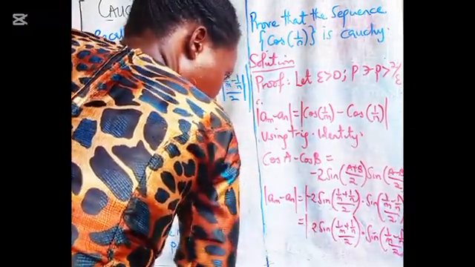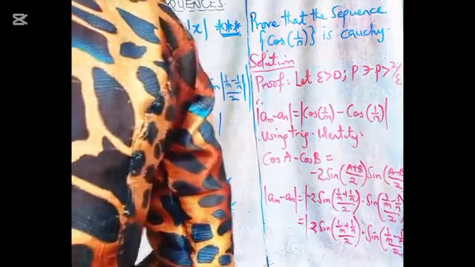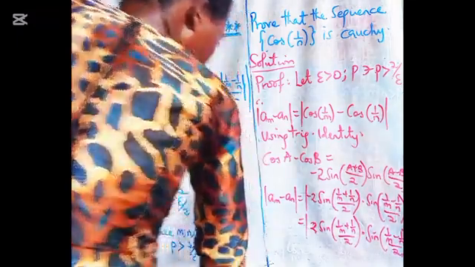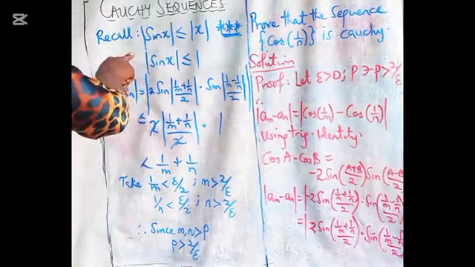Remember, we said the absolute value has taken care of the minus. So what do we have? We are coming back here.